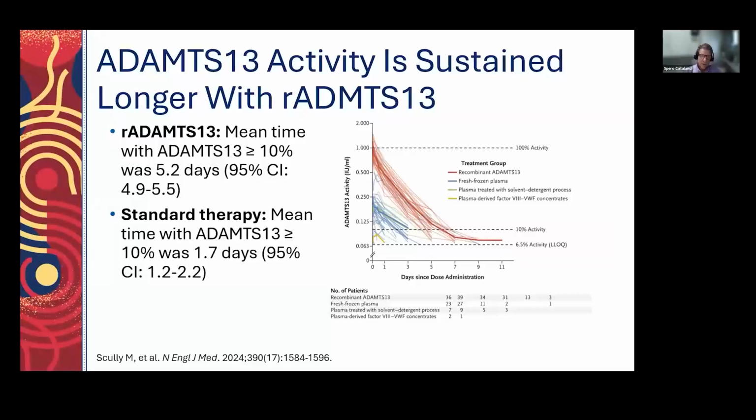But as you can see with the recombinant ADAMTS13, there's a greater time to being over 10%. It's a threshold that really has been extrapolated from immune-mediated TTP that we believe is required to prevent acute episodes. And again, preventing acute episodes is sort of the low bar that we want to get over. These arguments are going to change when we understand better the levels of ADAMTS13 that we need to prevent subacute symptoms as well as long-term complications.